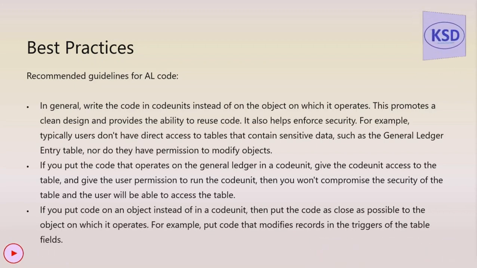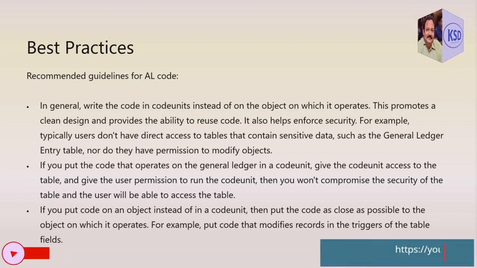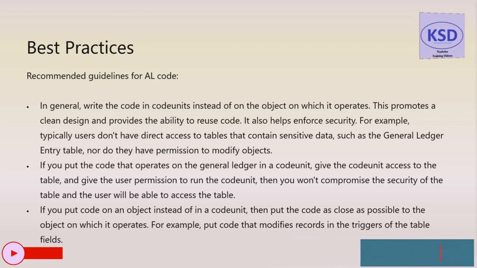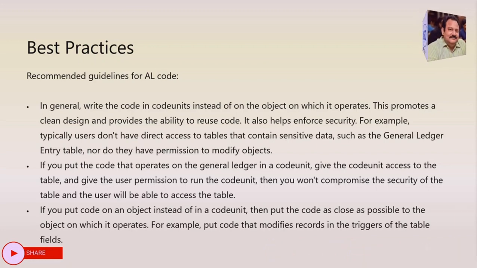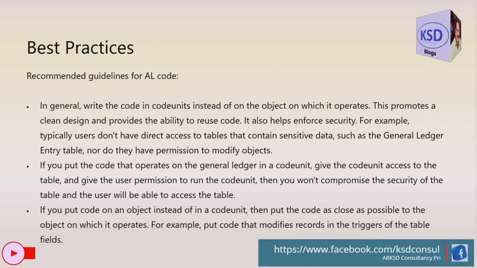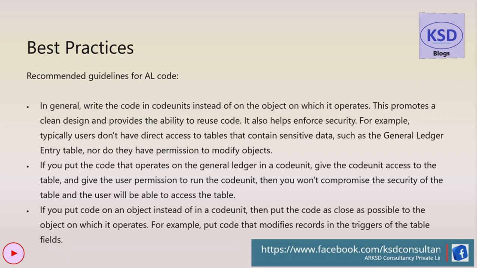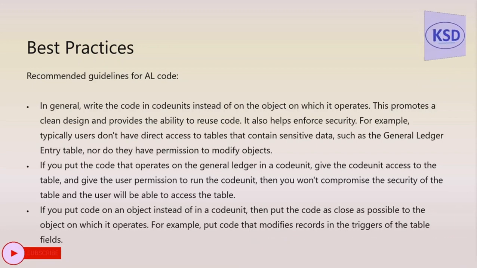If he wants to change or do any sort of modification, he will have to go through your code unit. And in your code unit, you have already written your business rule, which should be followed to modify any data. So this way you can control unauthorized access to your data. Then you don't have to compromise the security of the table, and the user will still be able to access the table.